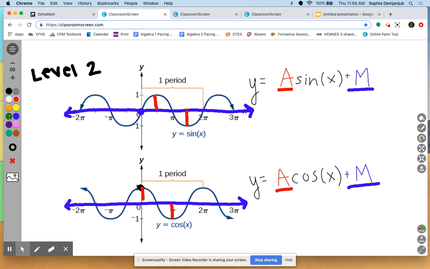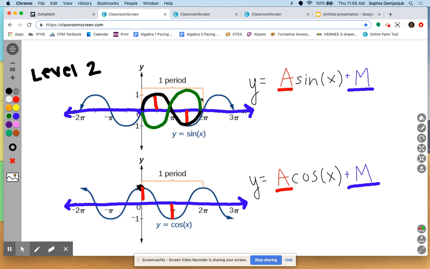The only thing that we're going to be adding on to level 2 is if it is reflected, so flipped upside down. Usually your sine starts in a period and has a high peak and then a low peak. We're going to have sine being reflected, flipped upside down, if the low peak comes first and then the high peak.